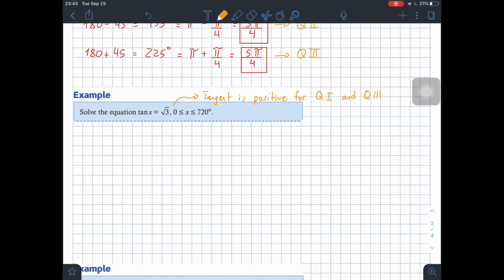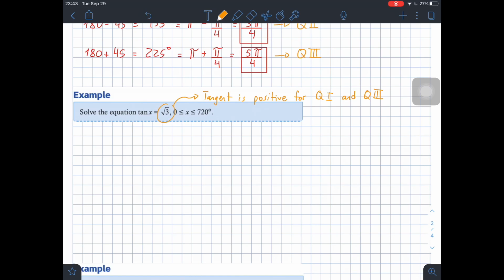So since we're doing 2 full rotations, I would have 2 possible answers, Q1 and Q3, for each rotation. So if I have 2 answers per rotation and I have 2 rotations, that means I'm going to have 4 answers in total, right? 2 for the first rotation and 2 for the second rotation. So 4 answers is what I should expect.